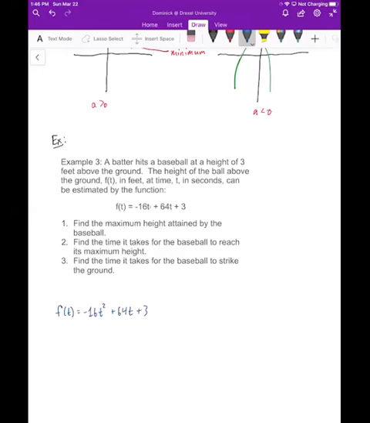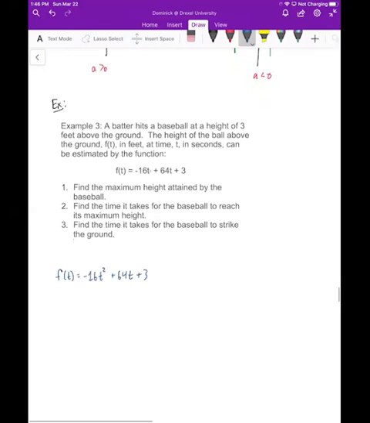So the first thing we want to do is find the maximum height attained by the ball. Well, if we want the maximum height, we want the vertex y value, right? Because we see that the coefficient of our t squared here is negative. So our graph is going to open downward, and our vertex will represent a maximum.